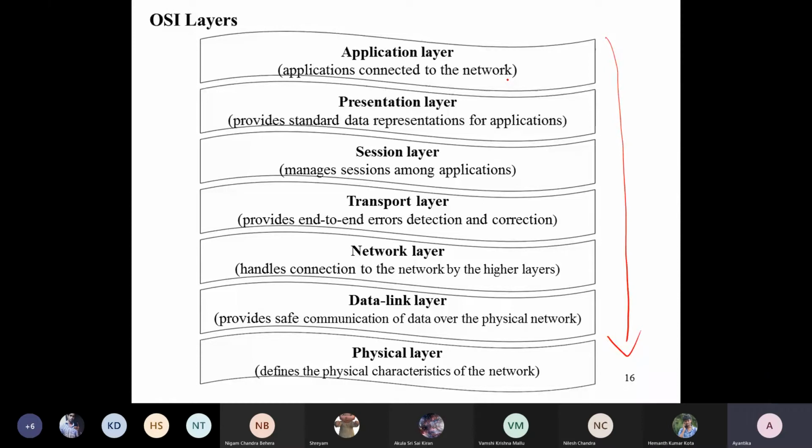First, there should be some particular address related to that host in that network. That addressing part is handled by the network layer. Next, we talked about different types of applications, and for those applications, we map them to different ports. So this port-to-port communication, along with error detection, correction, and confirmation of end-to-end communication, all these things are promised by the transport layer.